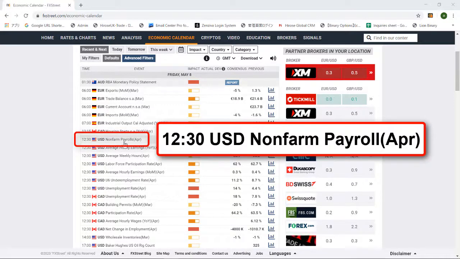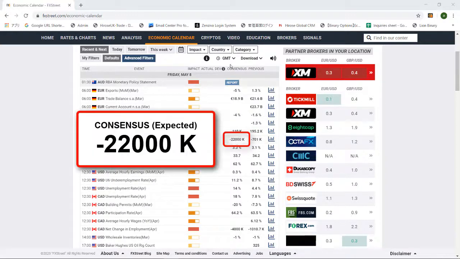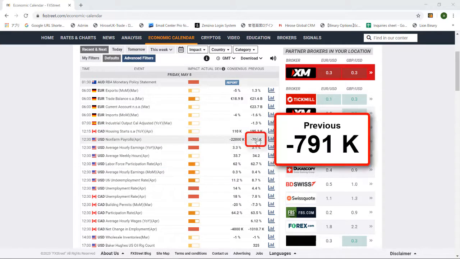the non-farm payroll, which is happening at 12:30 GMT. Here we see a few numbers. The one on the left says consensus number, which is the expected number for this month. Right next to it we see the previous result.